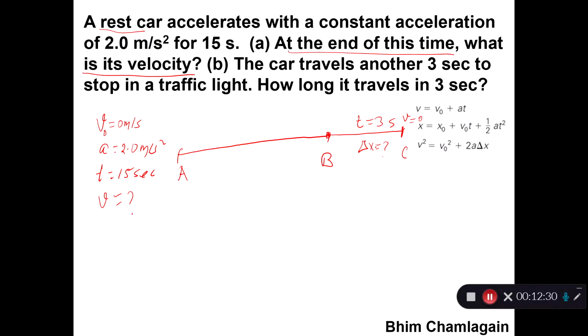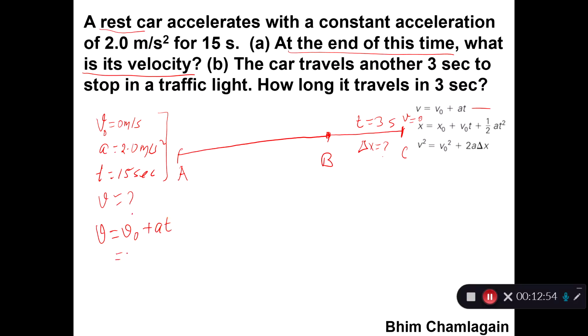So let's go back to A to B. In this case, three quantities are given and you have to calculate v. Try to find the equation which relates v naught, a, t and v, which is equation first. So use v is equal to v naught plus a times t.